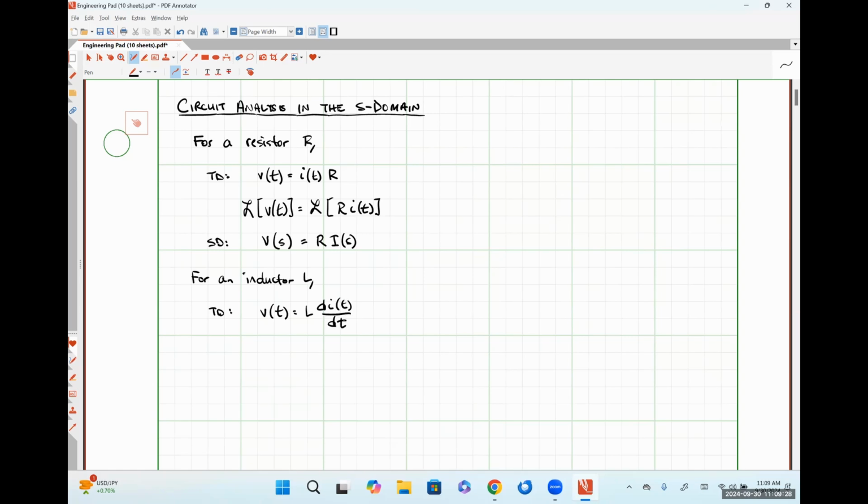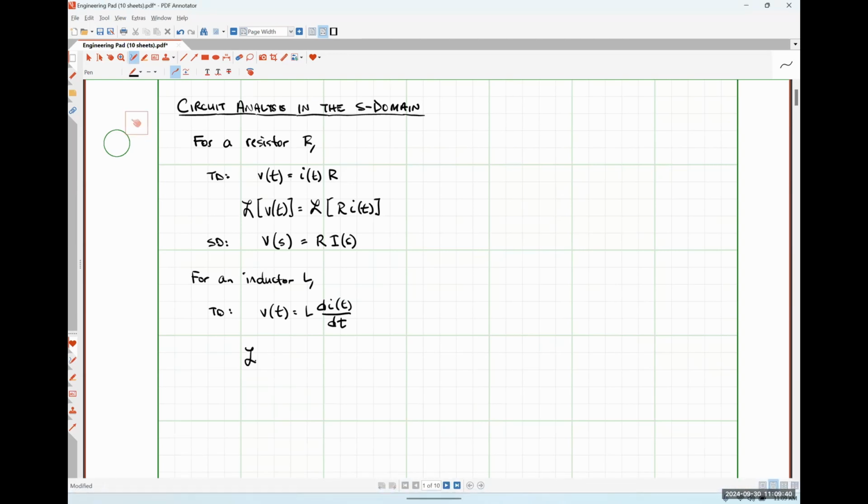of our current. If I take the Laplace transform of both sides of this, the Laplace transform of V of t will be equal to the Laplace transform of L di by dt.